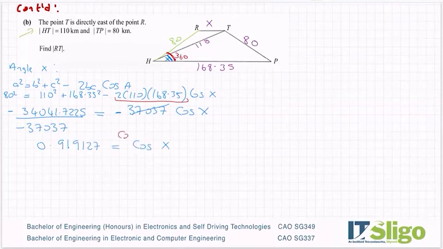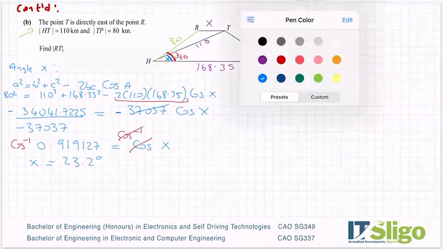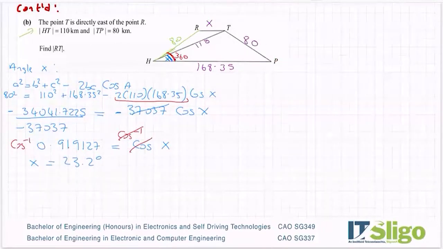Get the cos inverse of both sides. Watch them cancel, and therefore I get x, that angle, being equal to cos inverse of the answer, 23.2 degrees. Therefore, we call this little angle up here y.